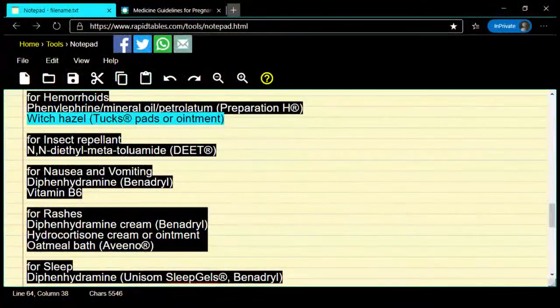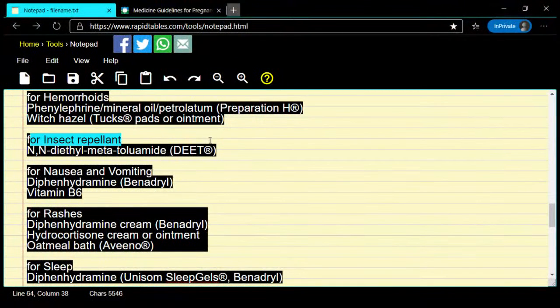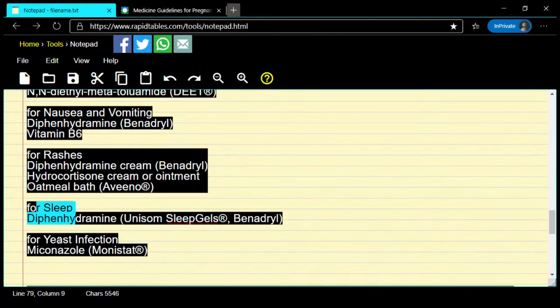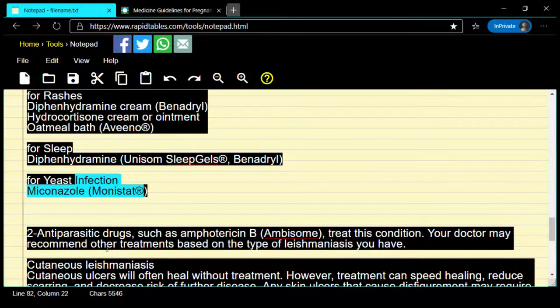Then we next have the insect repellent, and nausea and vomiting, rashes, sleeping, yeast infection.